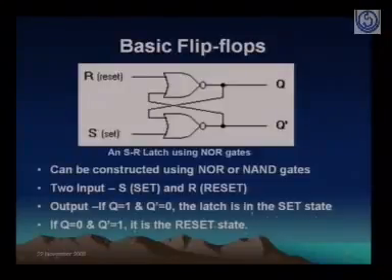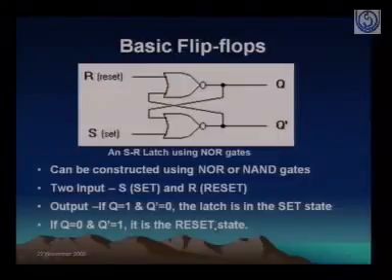So if Q is 1, obviously Q dash in that state should be 0, and we say the flip-flop is in the set state. The other state of the flip-flop is if Q equals 0 and Q dash equals 1. Then we say it is the reset state, or in other terms it is 0 in that state, but you can always call it the reset state.